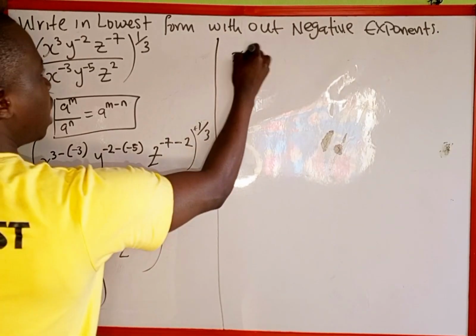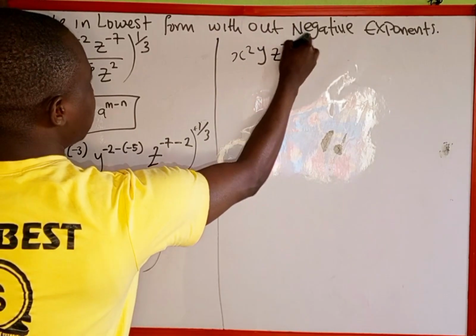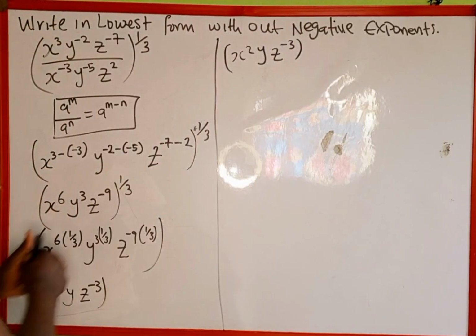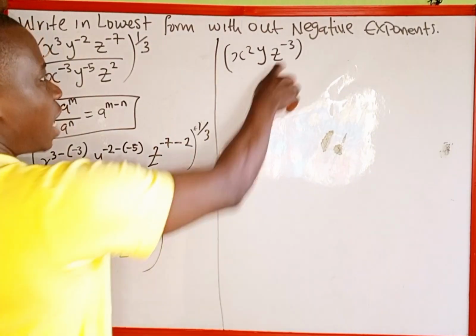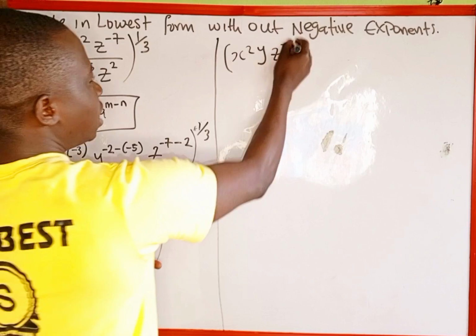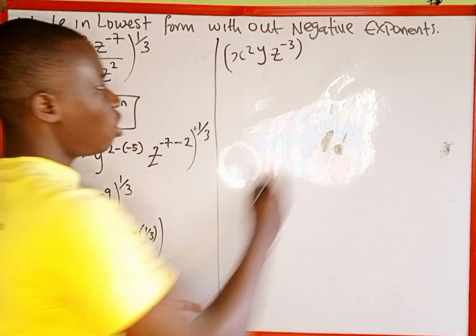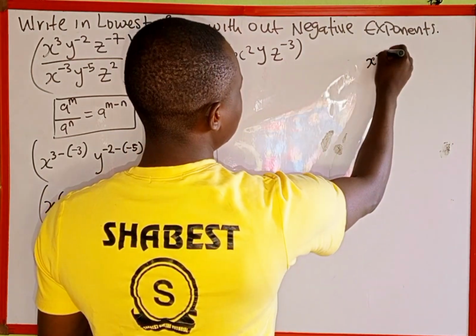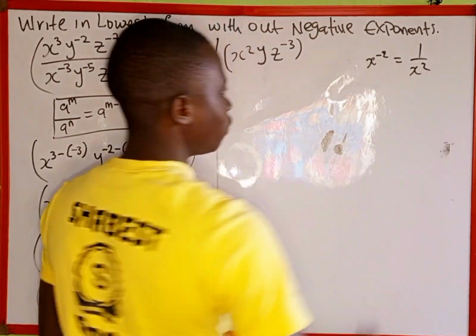We have x squared, then y, then z raised to the power of negative 3. And if you look at the question, they say we should write this in lowest form without negative exponent. As you can see, we have a negative exponent here. So how are we going to remove the negative exponent? Recall that x to the power of negative 2 is the same as 1 all over x to the power of 2.